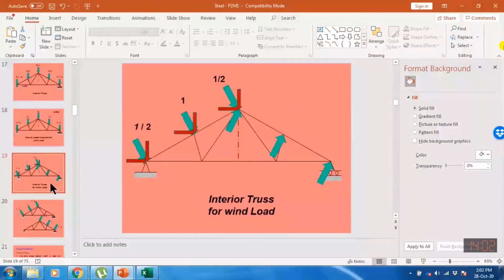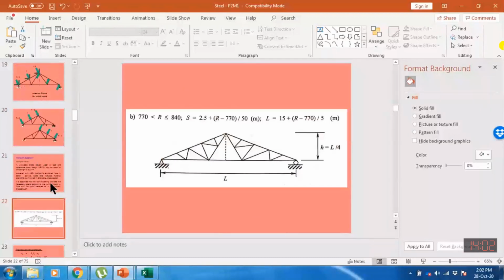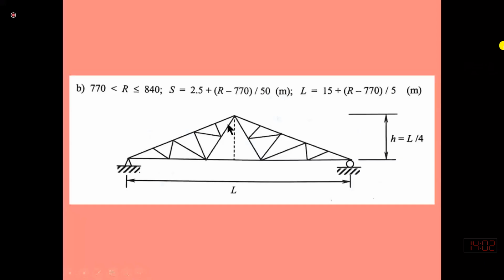For example, I will assign you this truss. In this truss, you will have the length L and the height H value. I will assign you what will be the L and what will be the H value. The R value will be your roll number that I will assign you today. So each of you will have a different length of your truss and a different height of your truss.